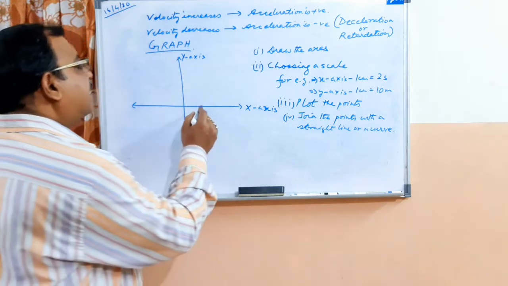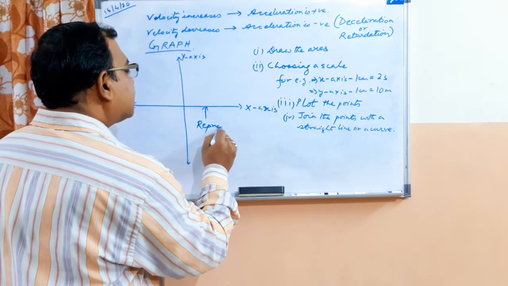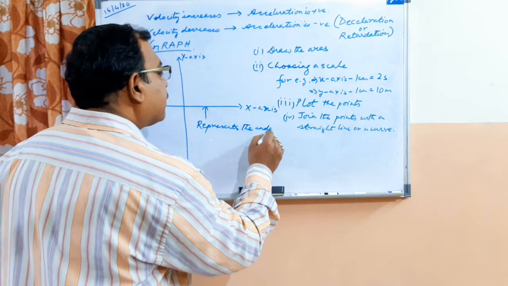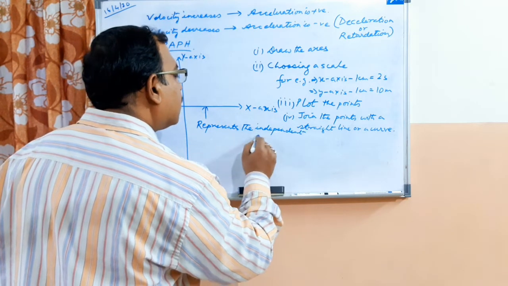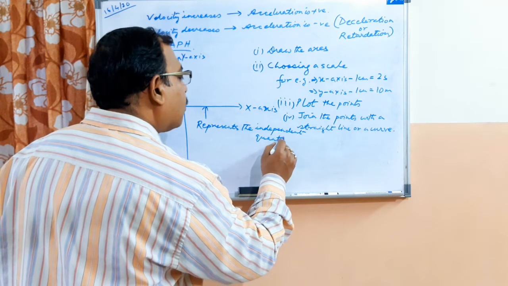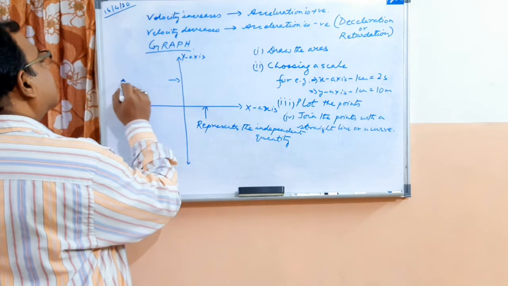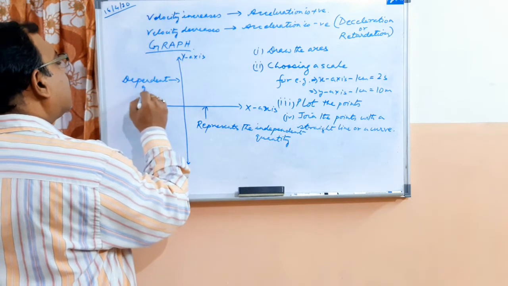So, x-axis represents the independent quantity and y-axis represents the dependent quantity.